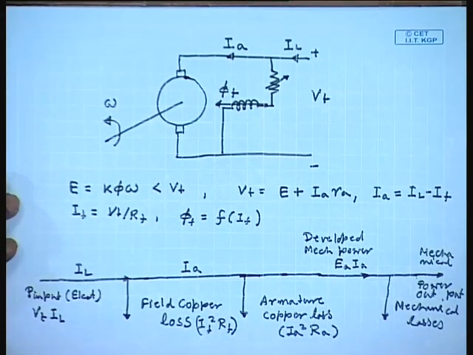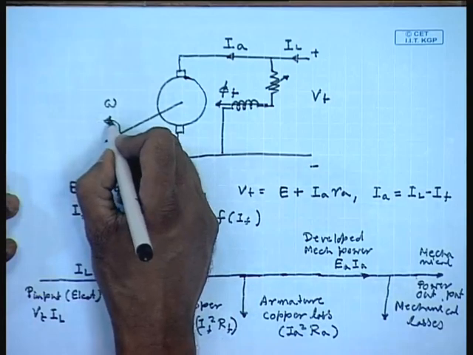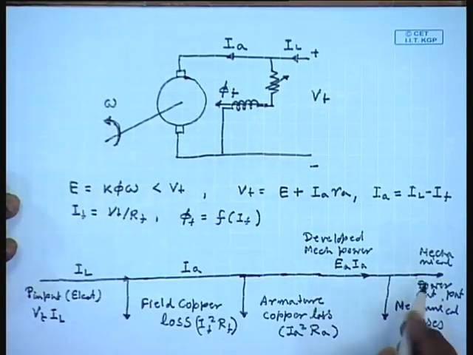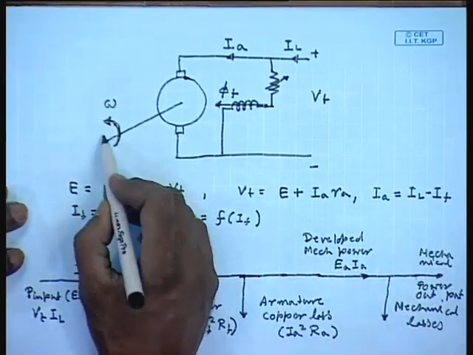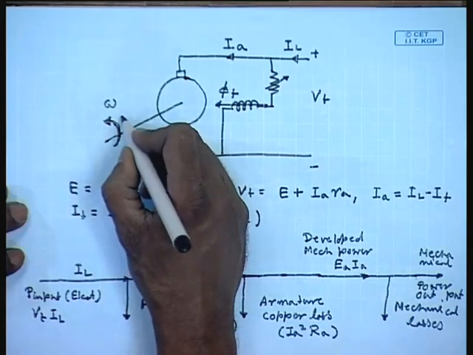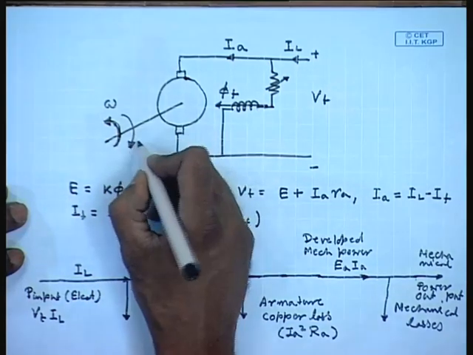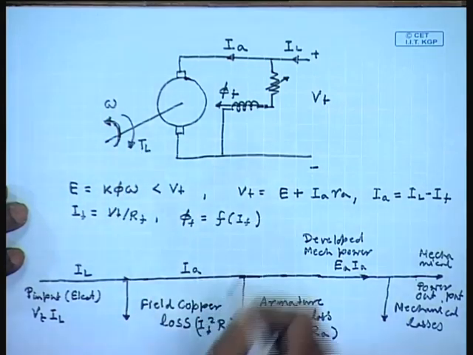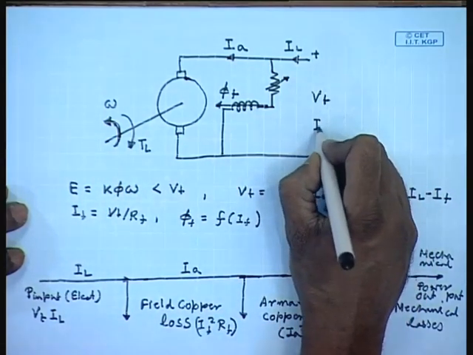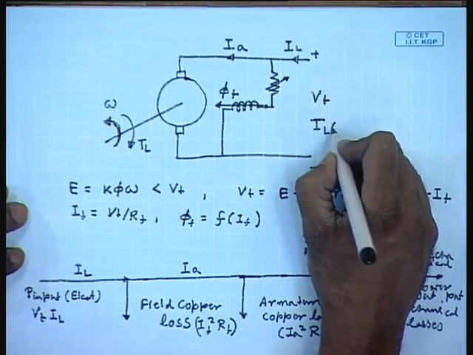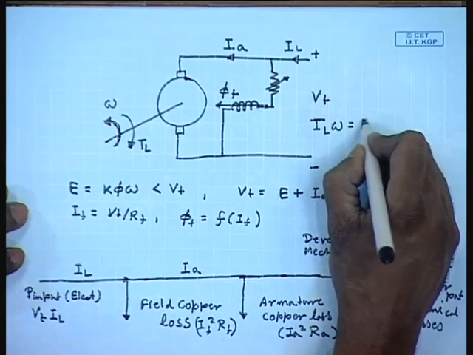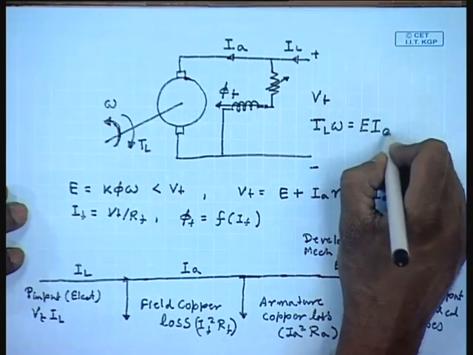So, in order to get some mechanical power output, it must be connected to a load which will provide an opposing torque TL, and in steady state TL omega equals E IA.